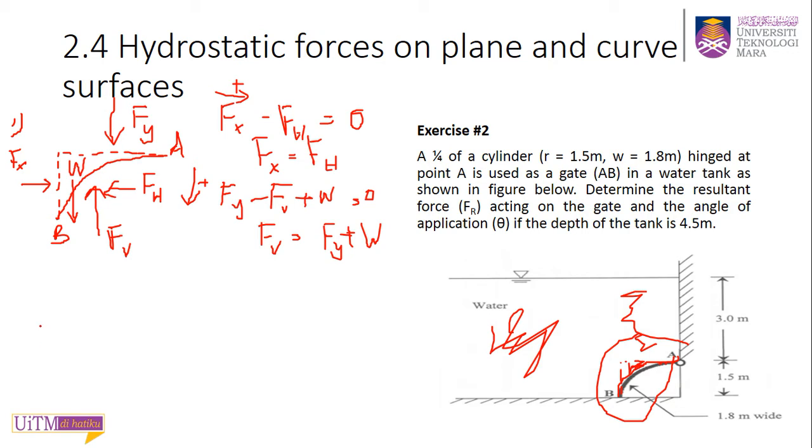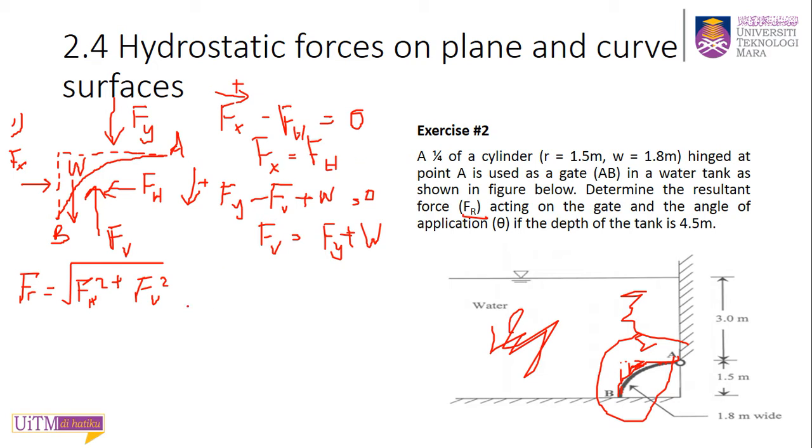Remember the formula to calculate the Fr, because they ask you to find Fr: it is the square root of Fh squared plus Fv squared. Okay, so this is your formula. Now you have a term for Fh and a term for Fv.